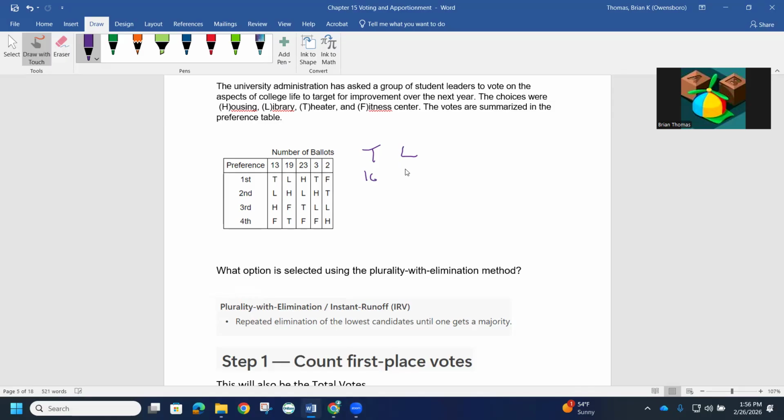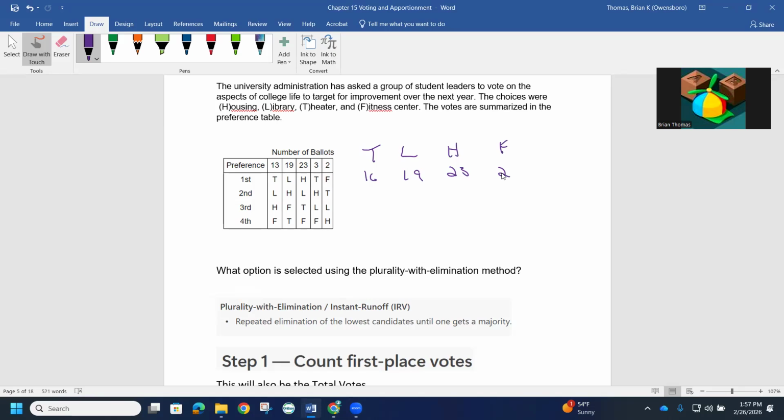The library would have 19. Housing would have 23. And then fitness would have 2. We can see that housing is ahead, but the catch is we have to have a majority.